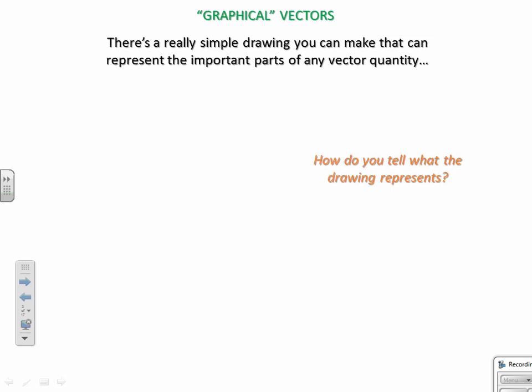Now, the thing about all vectors, because all vectors have a certain size and go in a certain direction, there's a nice simple drawing we can make that represents any vector quantity, no matter what kind of vector quantity it is. And that simple drawing is, well, that is what we call a drawn vector, a graphical vector.